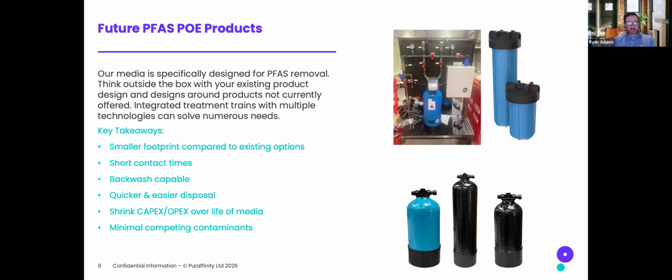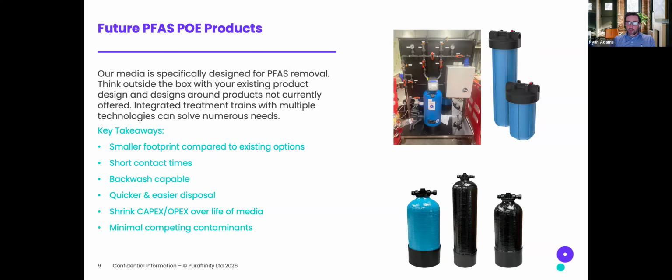So if you think outside the box of what your existing product offering is, whether you're using softener tanks, carbon tanks, 10 by 54s, 13 by 54s, whatever it may be, you start to think outside the box on how you can incorporate a much smaller offering into that, whether it's a treatment train or a dedicated PFAS offering.